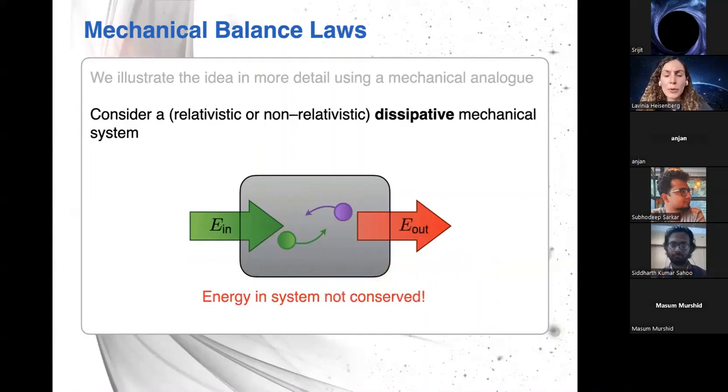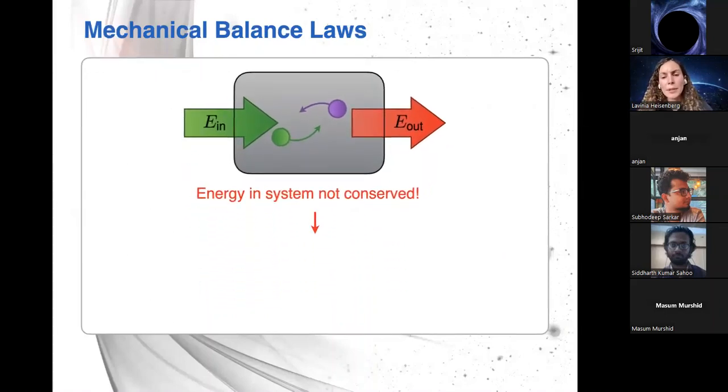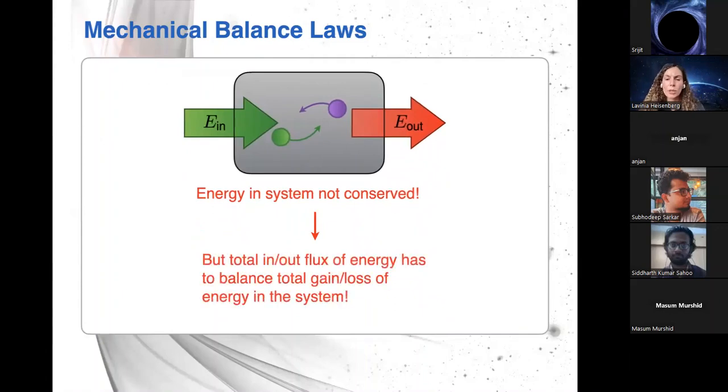And the energy, of course, is not conserved in this system. The system is losing energy. But nevertheless, the total in-out flux of energy has to balance the total gain and loss of energy in the system. So the energy that enters the system has to be balanced by the energy gained or lost that goes out of the system.